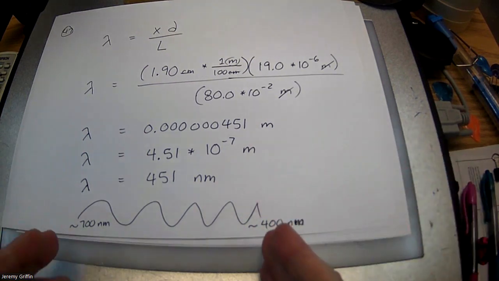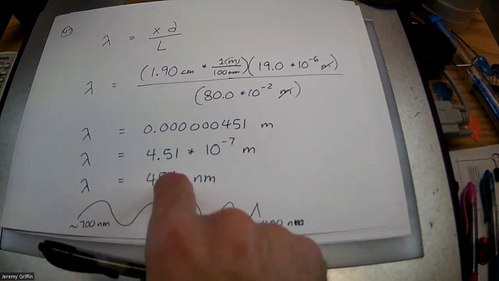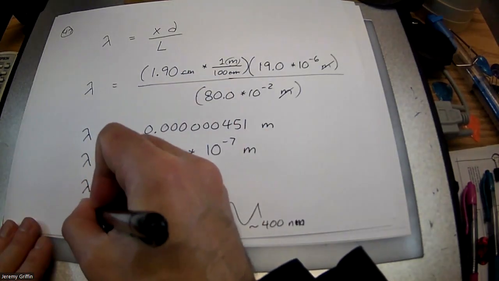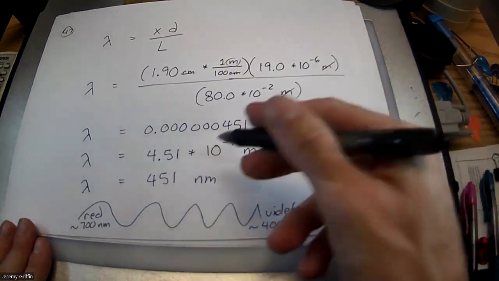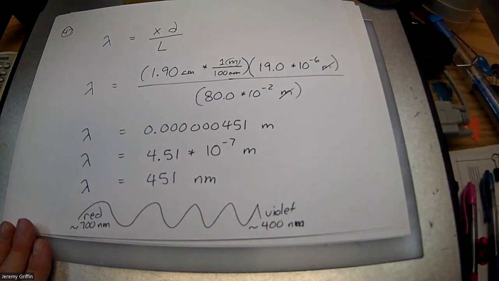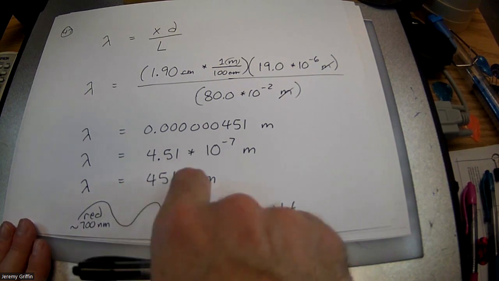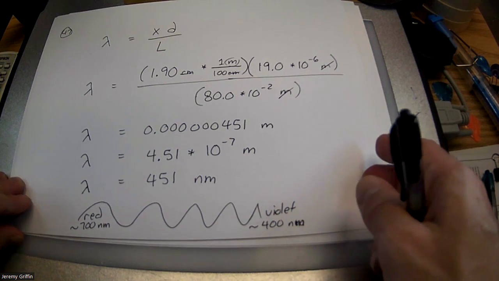So this actually is visible light. It's a particular color. If this is red on this end and violet on this end, then our light ray looks pretty close to what color? A lot closer to this end. I think it's probably going to be a bluish color. This is probably a blue light. That makes sense.